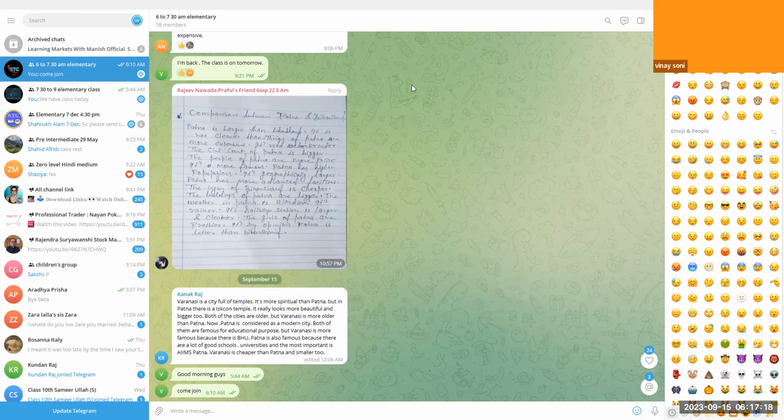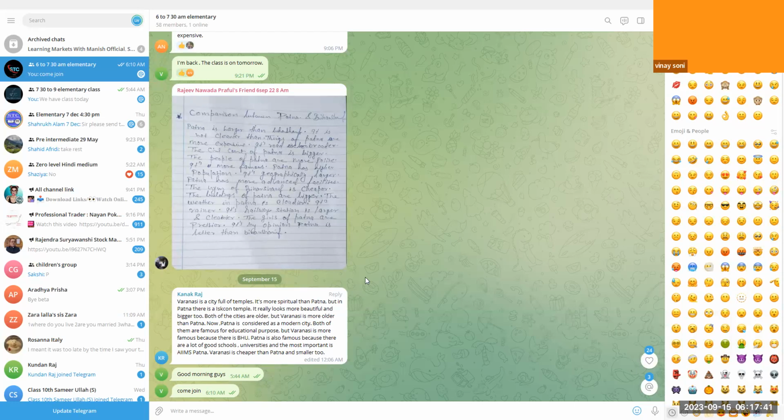So what she's saying, that ISKCON temple looks more beautiful and bigger than the temples in Varanasi. If you wanted to say this, I'm totally okay. All right. Because this is what this sentence means, right?